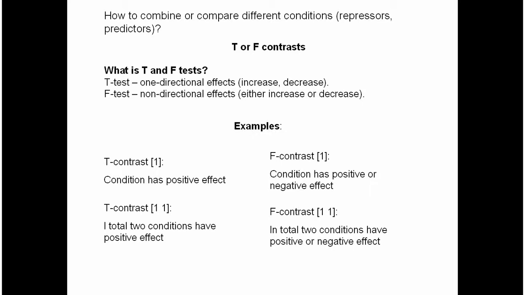Now let's run through some examples of T and F contrasts. The most simple option is a contrast with one value, which is 1.